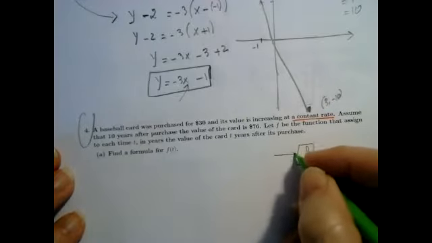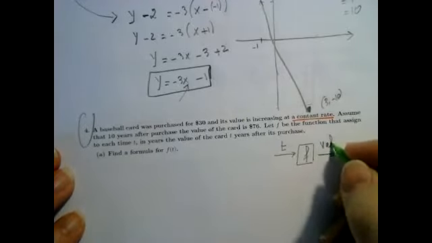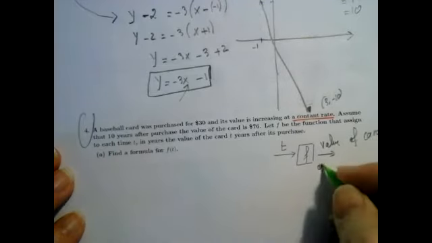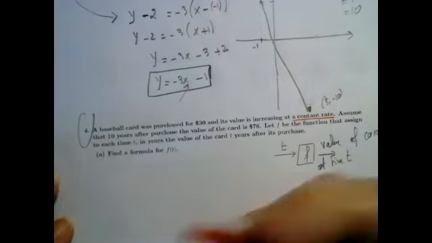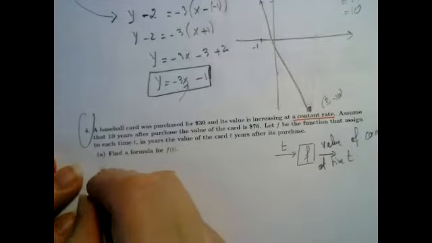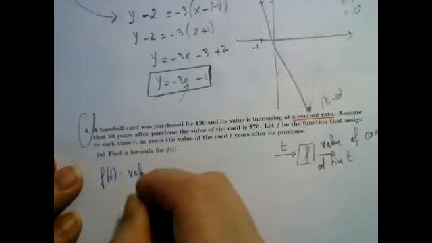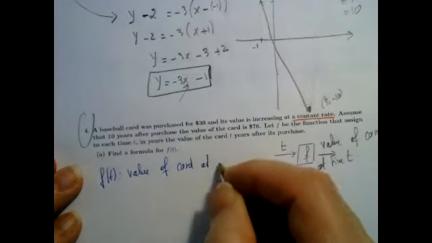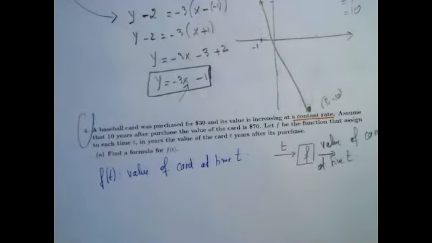You give it time, it gives you the value of the card at time t. So f of t represents the value of the card at time t. That's what the function is.